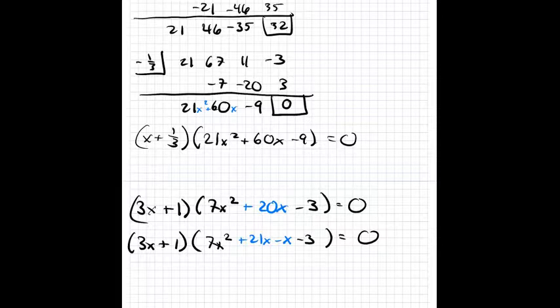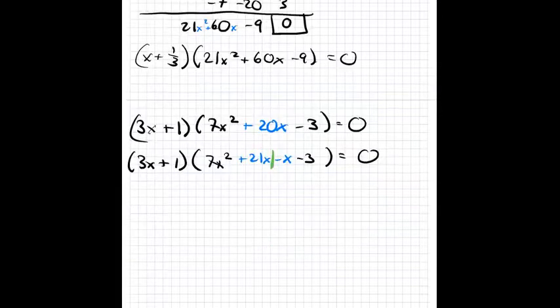You also may have seen me do this step called the box method, right? Okay. So now if we do factor by grouping, for the first two, we ask ourselves, what do the first two have in common? Well, the first two both have a 7x that can be factored out. So this 3x plus 1 comes down. We have a 7x, and we're going to be left with x plus 3.